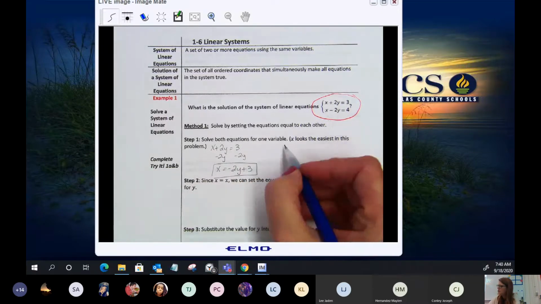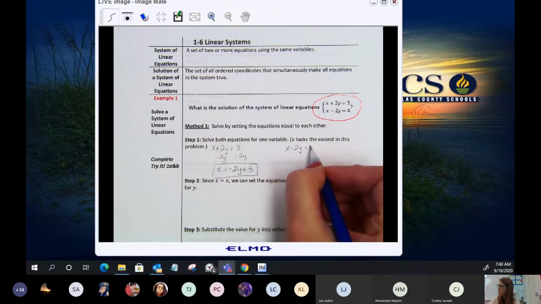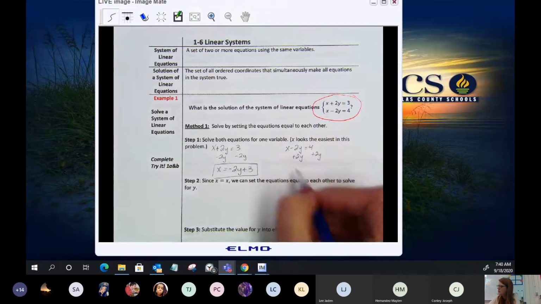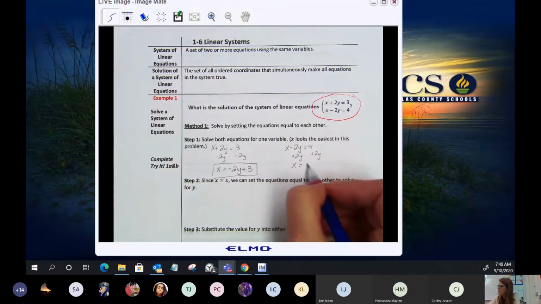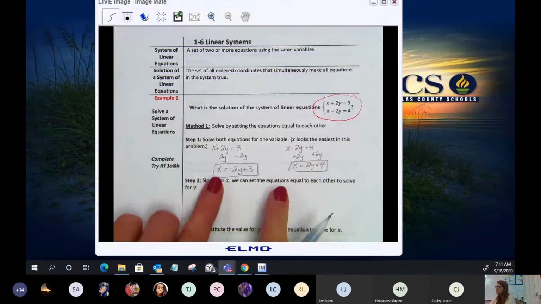Take the second equation. x minus 2y equals 4. And I'm going to add 2y, and I get x equals 2y plus 4. Now, we know x equals x.